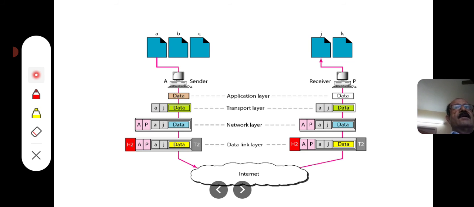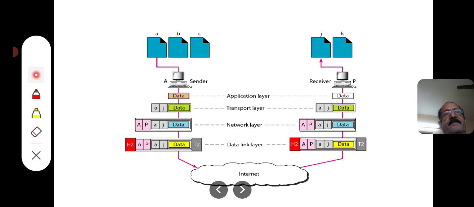Three processes. P is running two processes, J and K. Suppose data is to be sent from process A on sender side to process J on receiver side, AJ. See here what is happening.